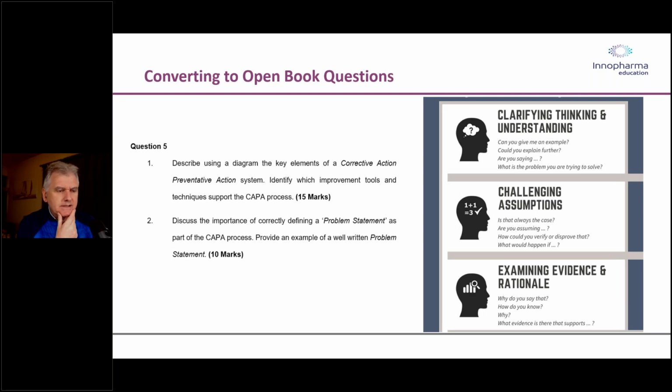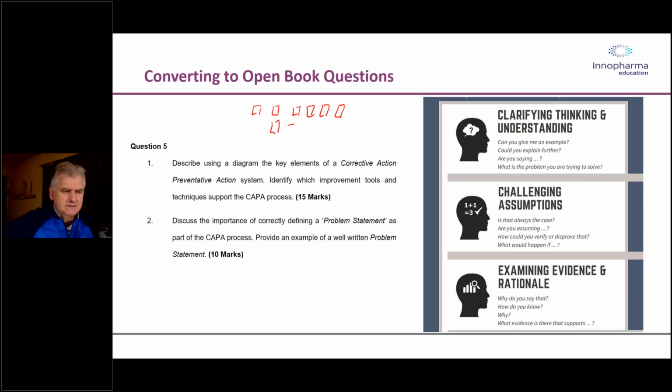This one: describe using a diagram the key elements of a corrective action, preventive action system. Identify which improvement tools and techniques support the CAPA process. Now, this is very much more a closed book question. What I'm asking here is for that high level diagram that we kept referring to.